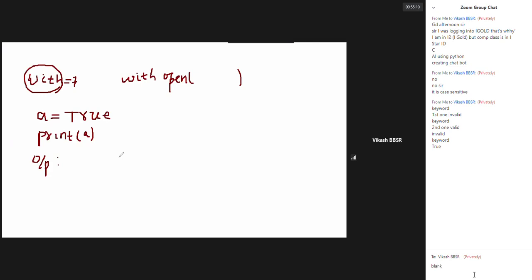Kaushik, correct. Shubhankar, correct. Okay, so most of you have given the correct answer. That is true. So I will give you another question.